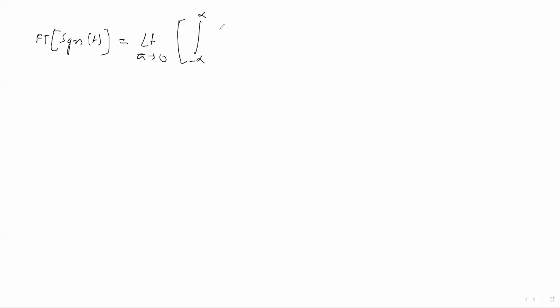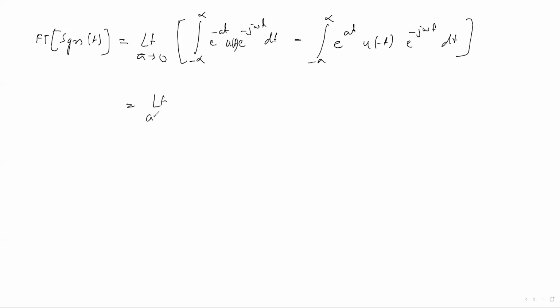Using the formula, we get minus the integral from minus infinity to infinity of e to the power minus at u(t) e to the power minus j omega t dt, minus the integral of e to the power at u(-t) e to the power minus j omega t dt. Where u(t) is there, the negative range minus infinity to 0 is 0.